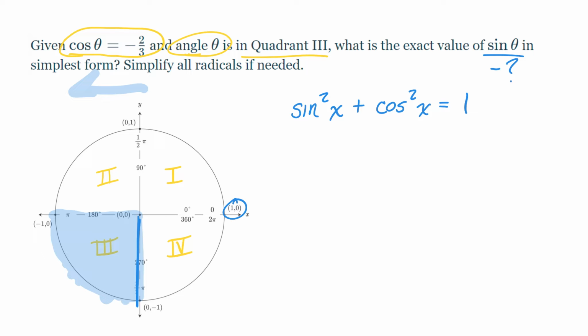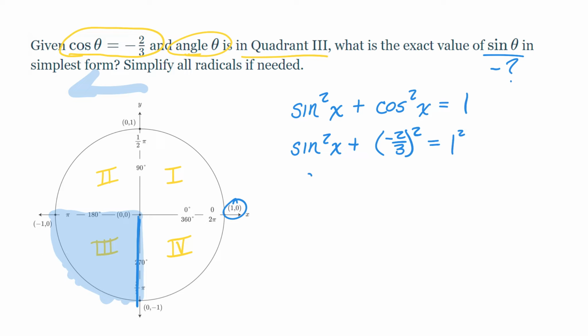So 1 squared stays 1. On this question, we are told that cosine is -2/3. So what we're going to do is replace our cosine with its own value, which is -2/3. We technically call this 1 squared, but 1 squared, of course, stays 1.